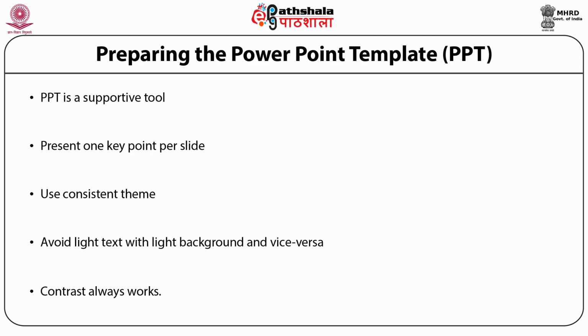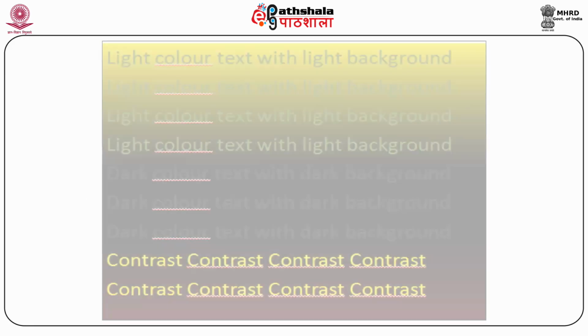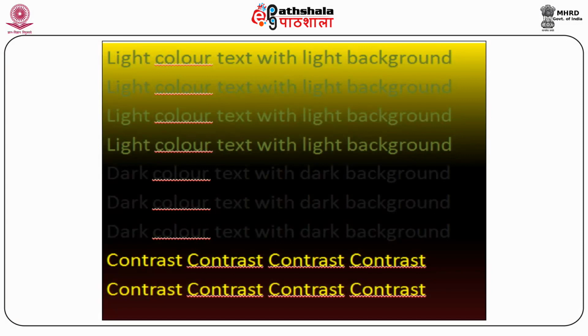It is always advisable to use contrast while preparing your PowerPoint template. Contrast means, if your background is dark, it is better to use light color text, or if your background is light, it is better to use dark color text. See how it works with the help of an example.